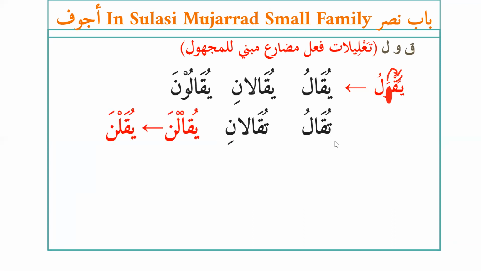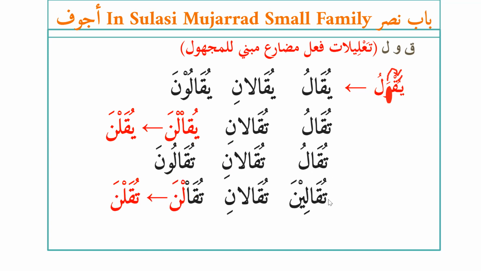Then huwa yuqalu, hiya tuqalu, anta tuqalu, anti tuqalina, ana uqalu, nahnu nuqalu. And then the tasniya forms are huma yuqalani, huma muannas tuqalani, then antuma tuqalani.